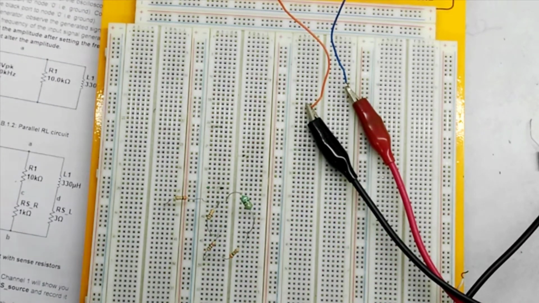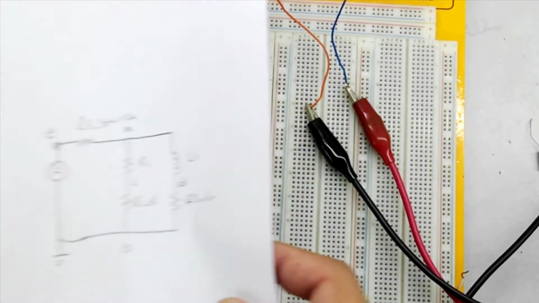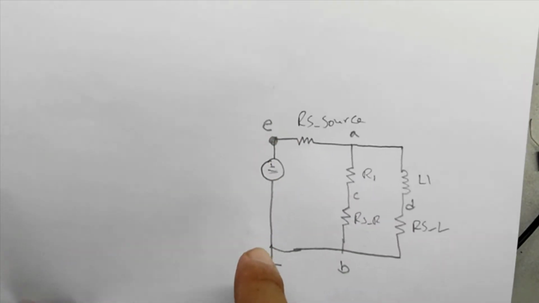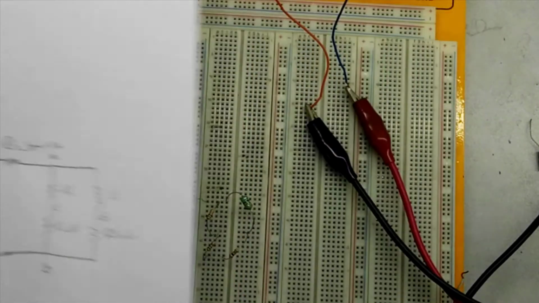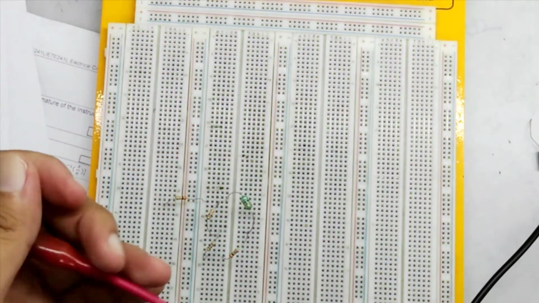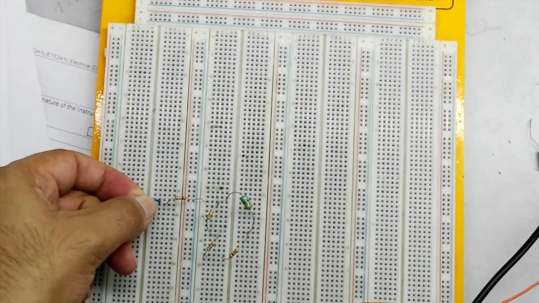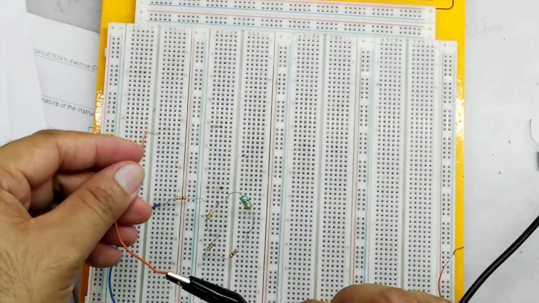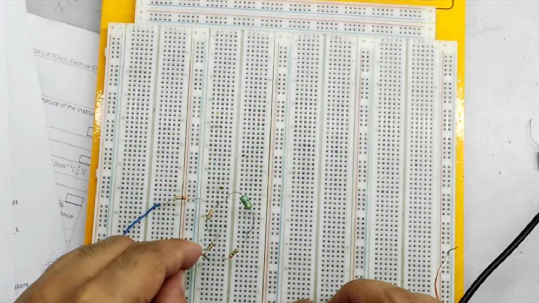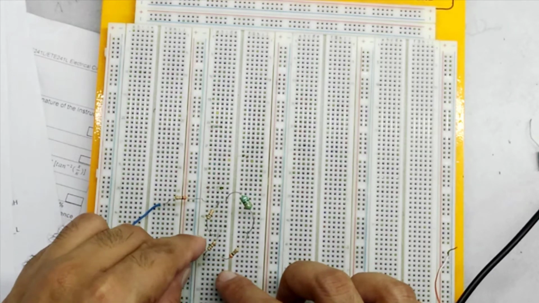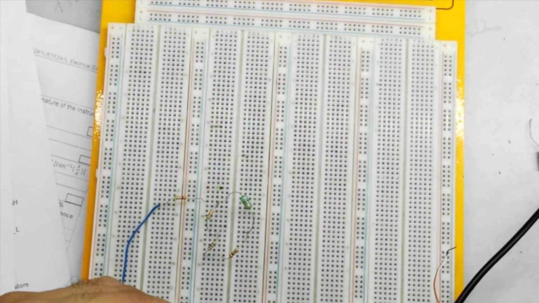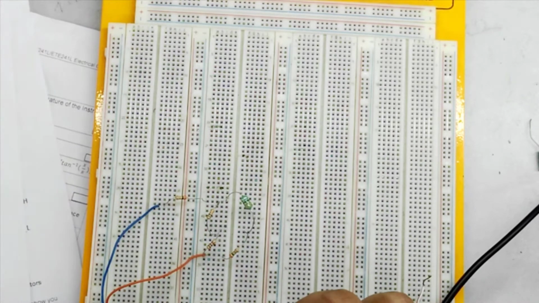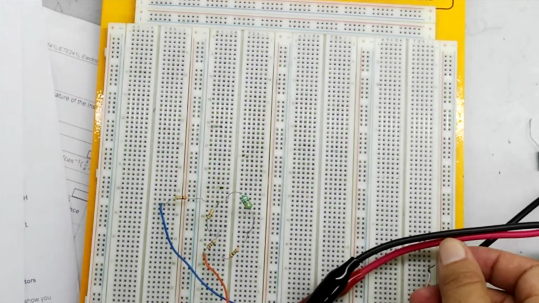If you see our modified circuit diagram, the red wire will go to node E and the black wire will go to node B. So I attach the red wire to node E, our newly created node, and the black wire to node B, which is located over here. So now our circuit is complete.